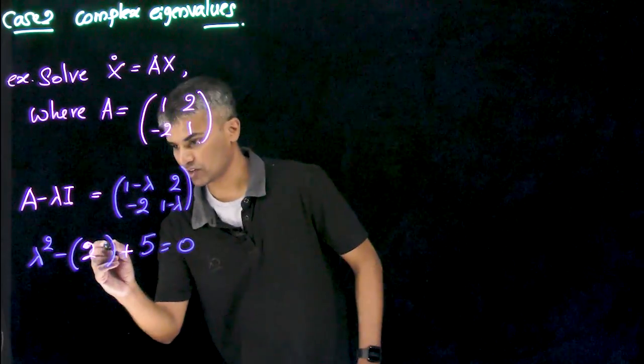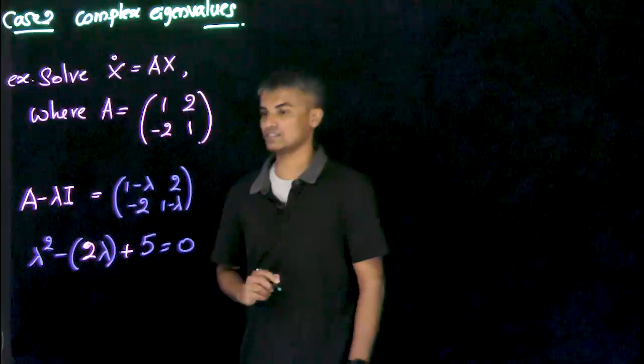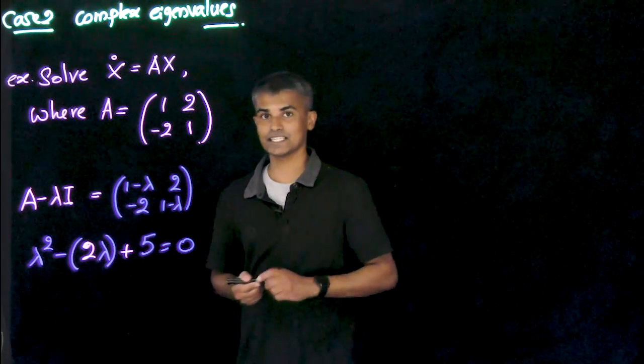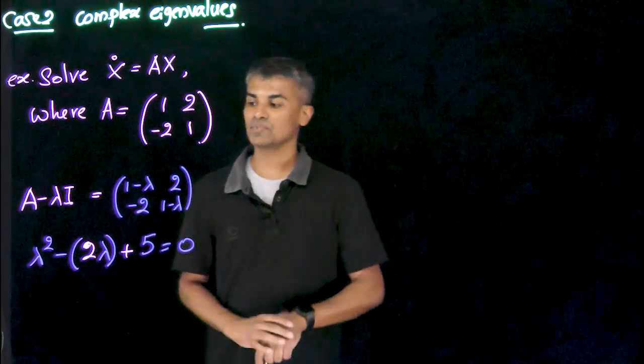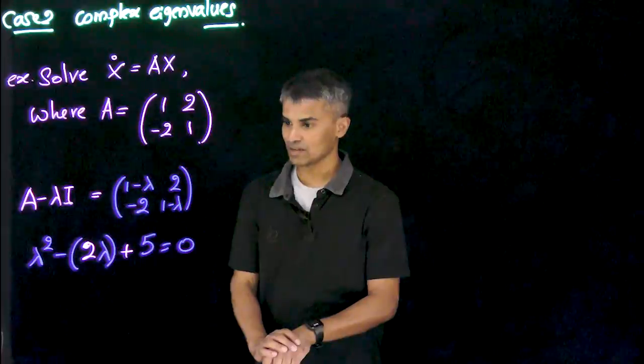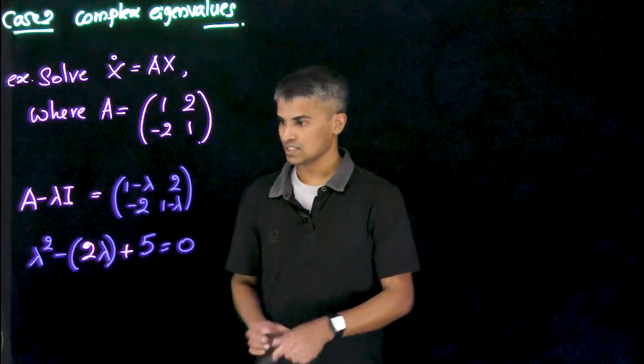Sorry, I think I forgot to write lambda here. So basically this is a quadratic equation. Lambda squared minus 2 lambda plus 5 equals 0.